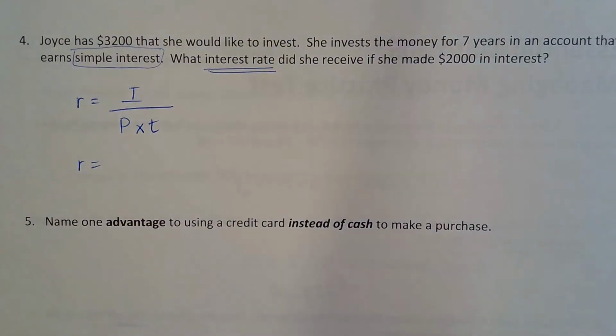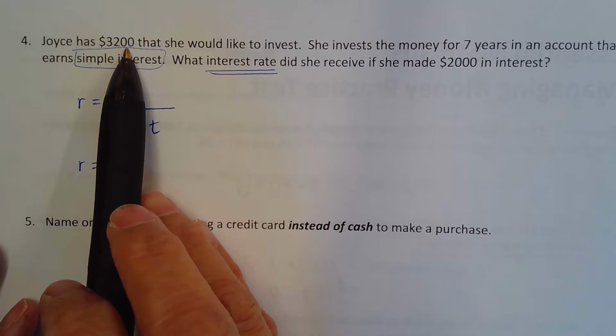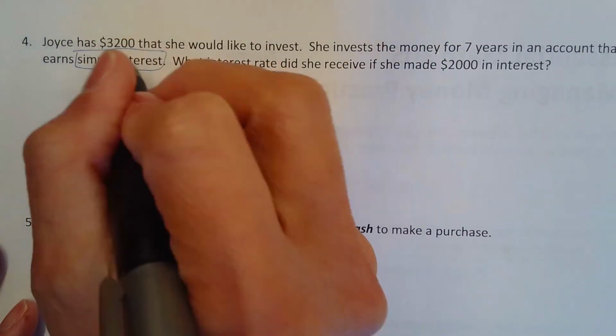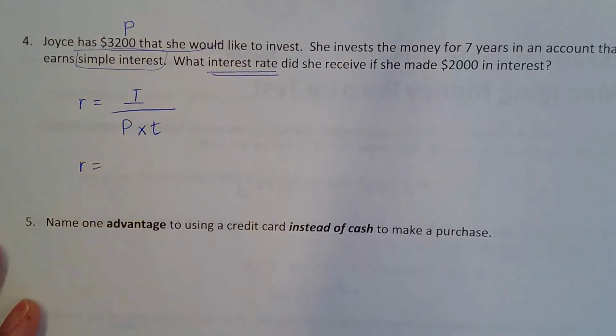Let's follow the recipe, follow the formula, because once we have the formula written down, we can work it out. So Joyce has $3,200 to invest. That's the P value.